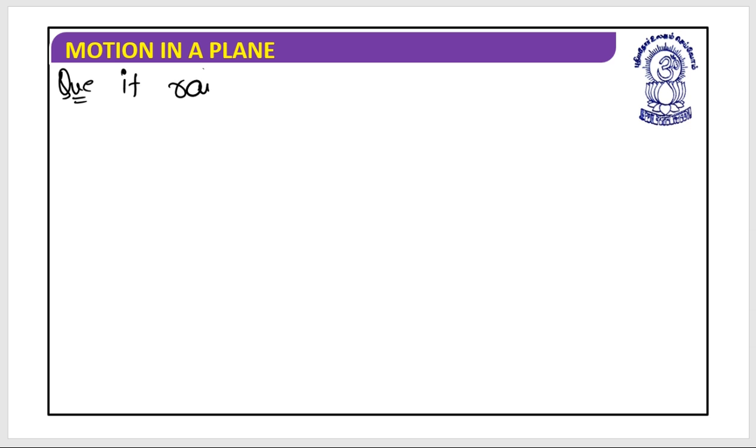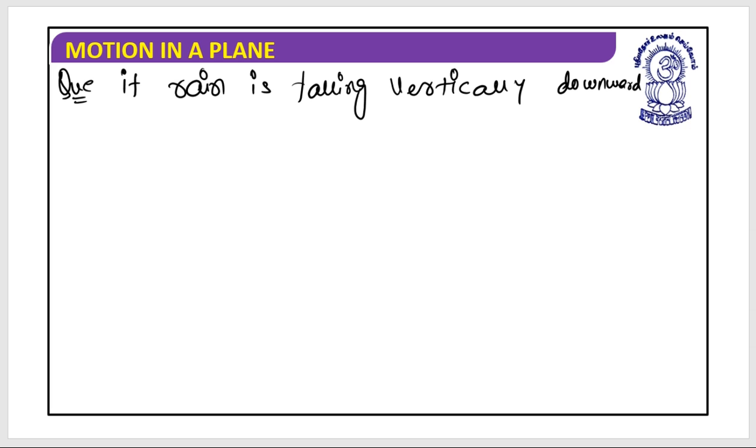If rain is falling vertically downward with a speed of 10 meter per second.